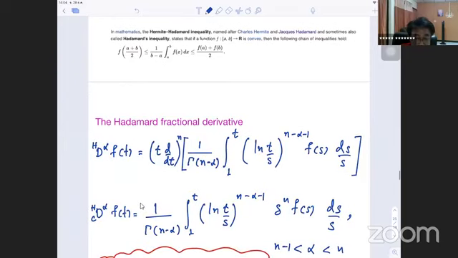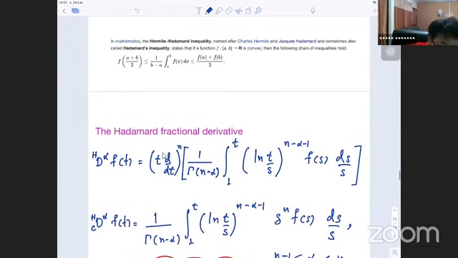So mathematicians define Hadamard in the sense of Caputo by moving the delta derivative to the inside. You see, this is the delta derivative. Move the delta derivative to the inside of the integration.